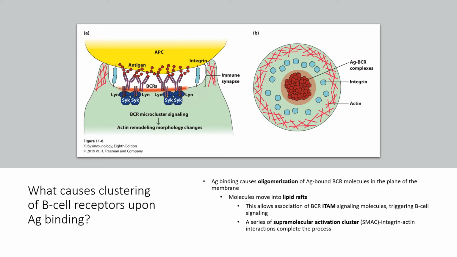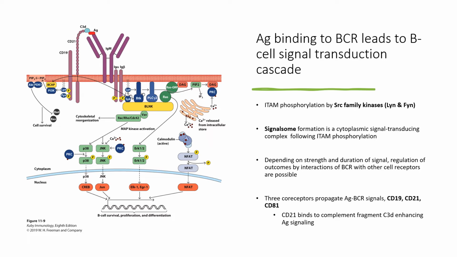If it's a really strong match, you'll have longer interactions. If it's a fairly weak match, the interactions will be a little bit shorter. And this leads to signal transduction within the cell.